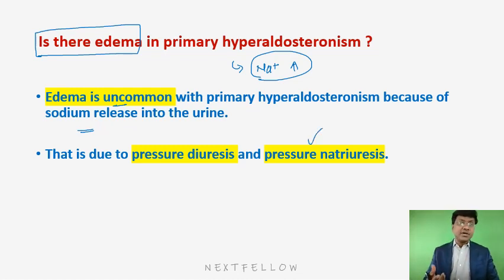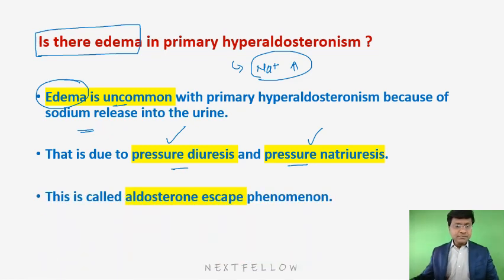Renal tubule cannot handle this excessive sodium load. Renal tubule cannot handle excessive fluid volume. Thereby, there will be pressure diuresis and pressure natriuresis. Because of this pressure diuresis and pressure natriuresis, please remember, there is no edema. Edema is not a feature of primary hyperaldosteronism. This is a very, very important point.